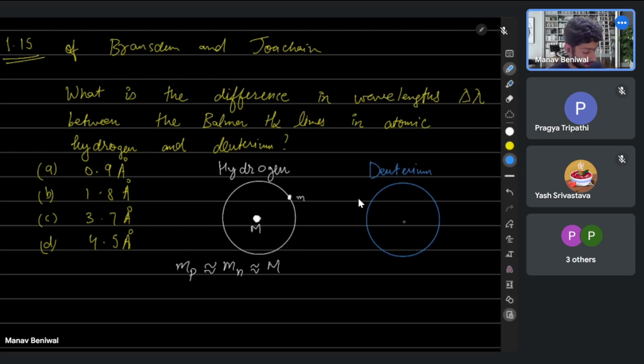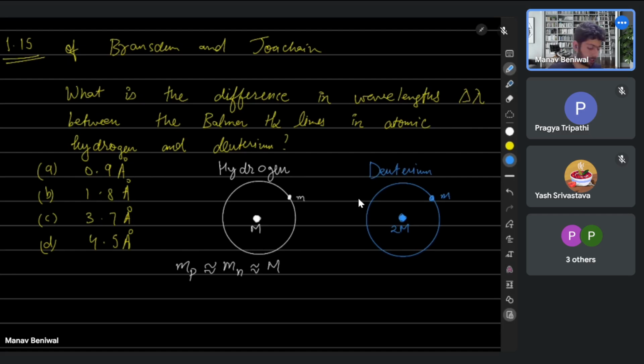Again it also has a nucleus and it also has one electron. How many protons and neutrons are there in deuterium? So one proton, one neutron, so its mass will be 2m. Correct? This is all good, right?